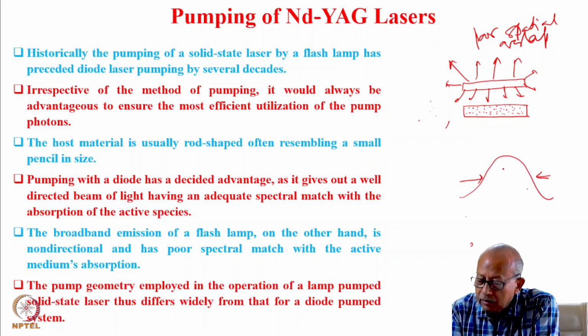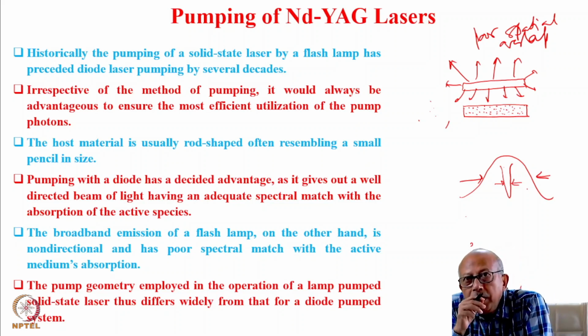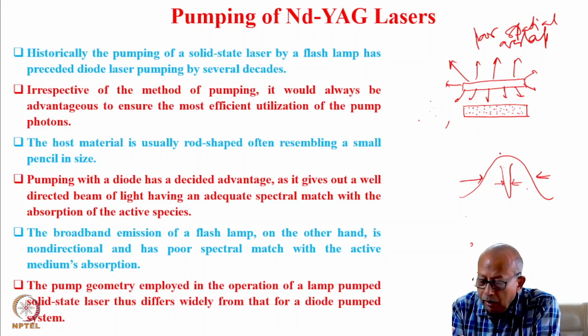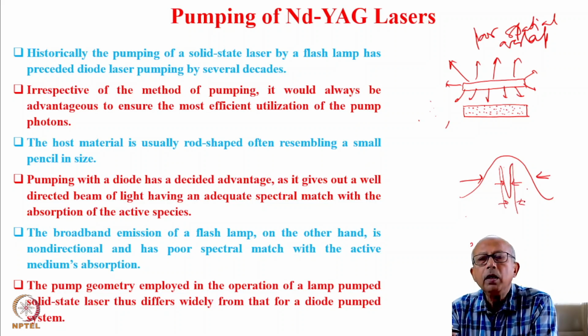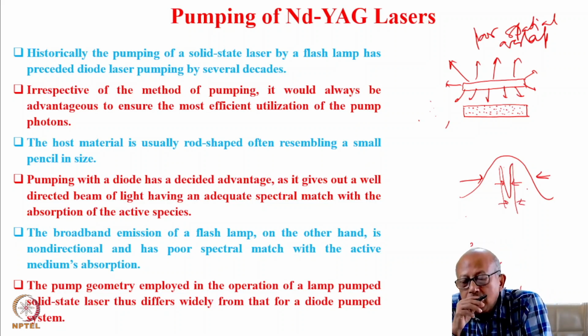And in comparison against it, you consider the absorption feature of these absorbing atoms. Only a small fraction of photons of this flash lamp, which lies within this frequency domain of the absorption, will be absorbed by these atoms.